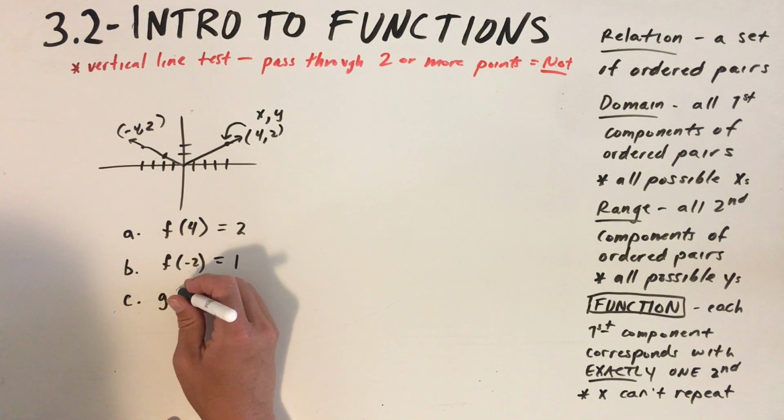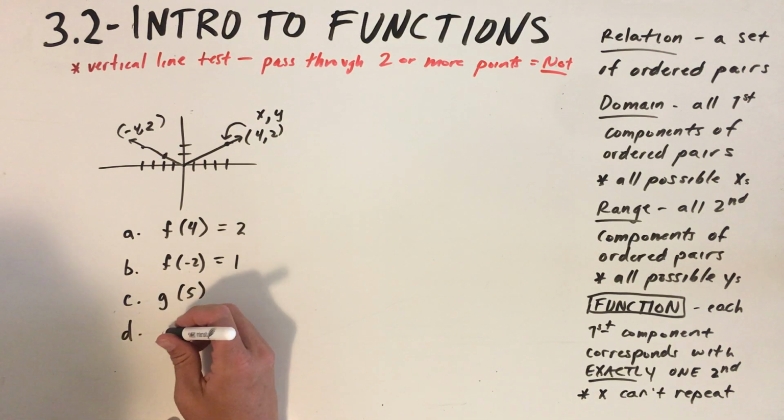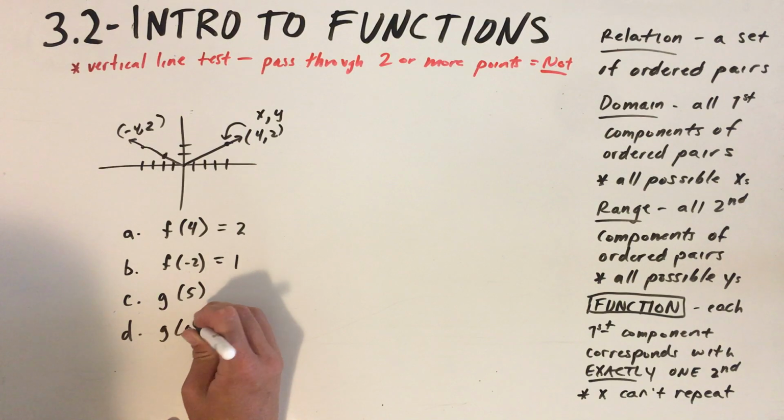Okay, let's do c. Got to draw my other graph here. The g of 5, and d, what is the g of 0?